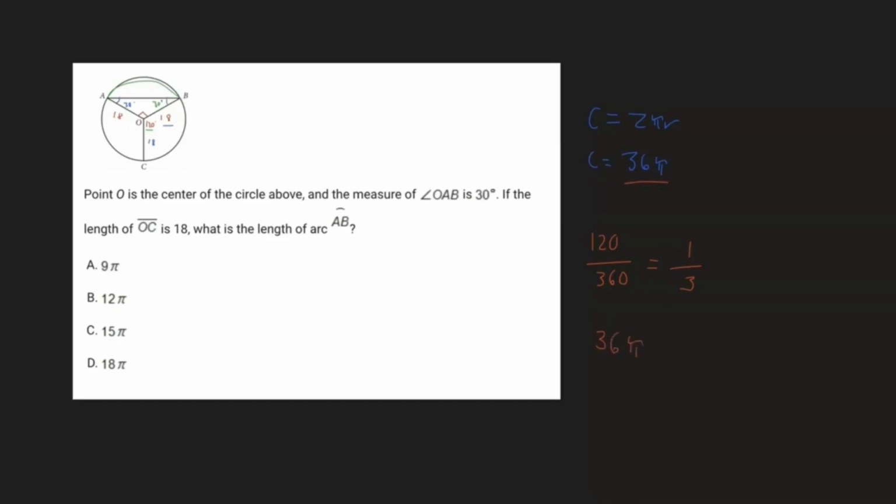Let's just divide this by 3, because we know that this angle represents 1/3 of it. And so we can just do 36 over 3, which is 12, and keep the pi, so we don't have to simplify it completely. And so our final answer here is 12 pi, and it does match up with answer choice B, and therefore that is our answer.